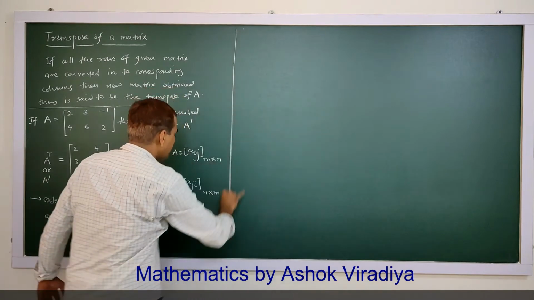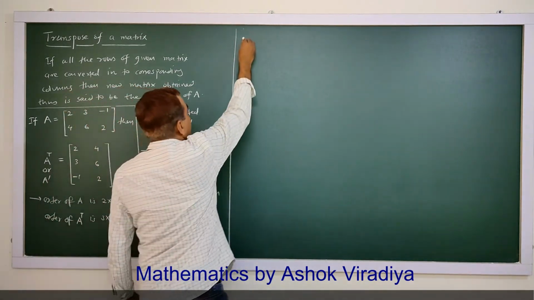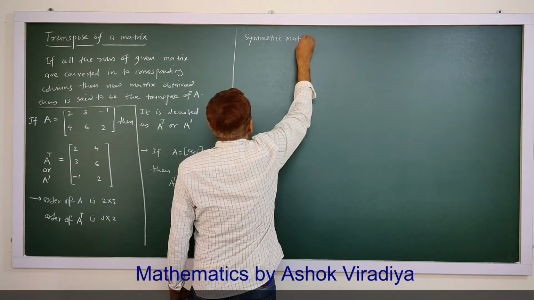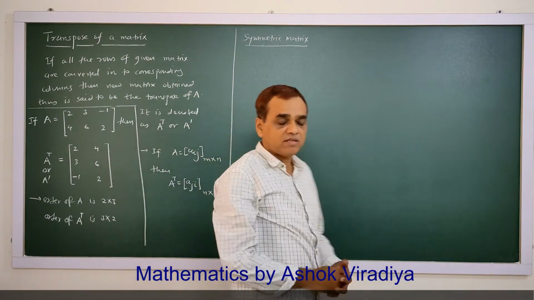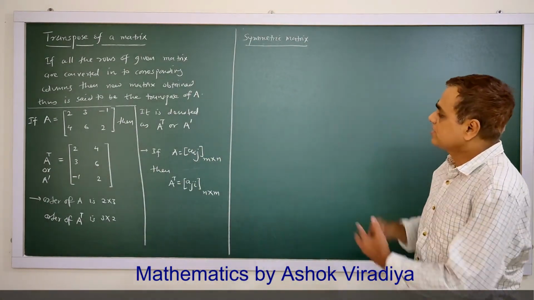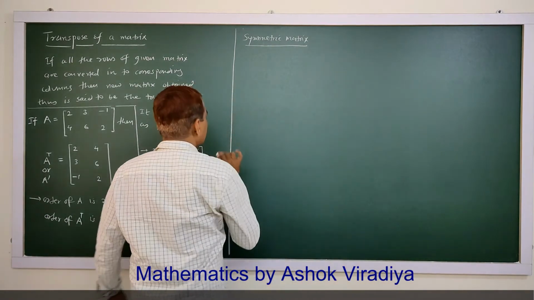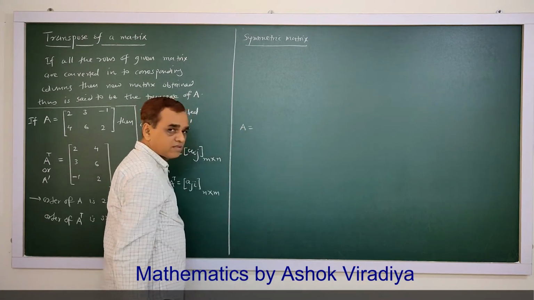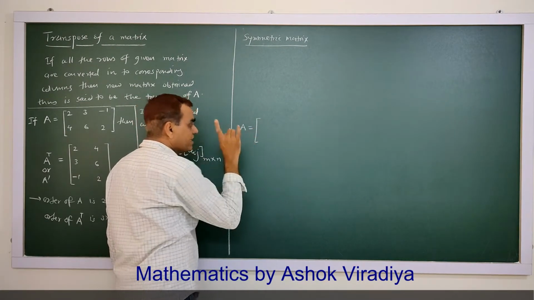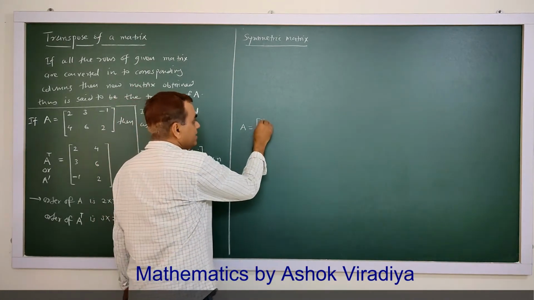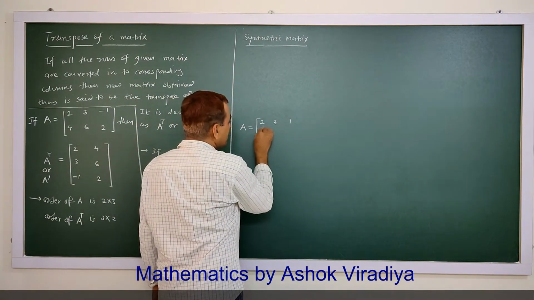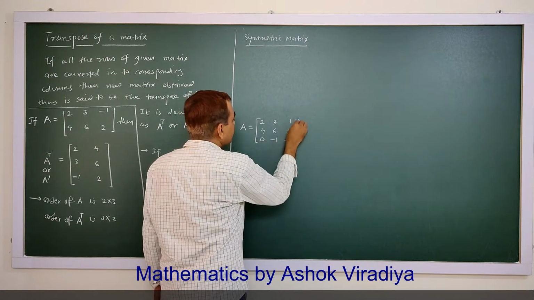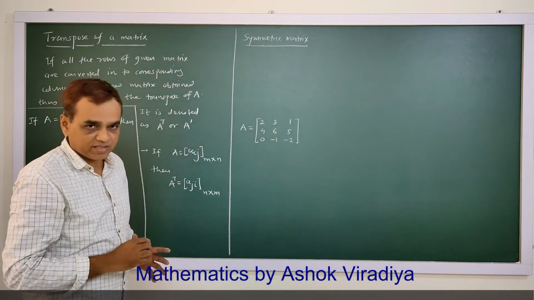Now, symmetric matrix. To understand this definition, say I take a matrix A. This is a square matrix.